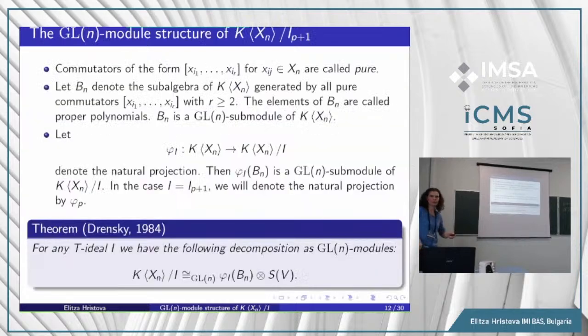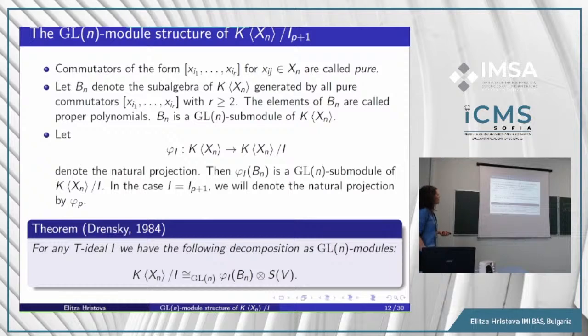We introduce some more notations now. We take a commutator, and we call a commutator pure if only basis elements appear inside. So we don't have products of basis elements or other monomials, just a commutator of basis elements. And these are pure commutators, and Bn will denote the subalgebra generated by pure commutators.